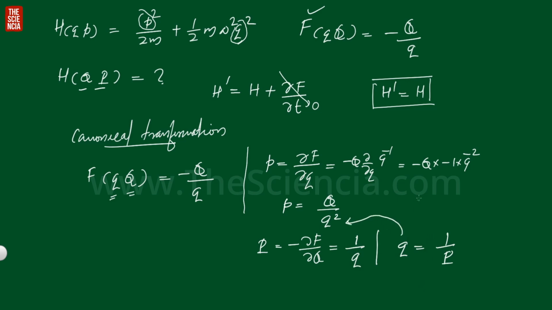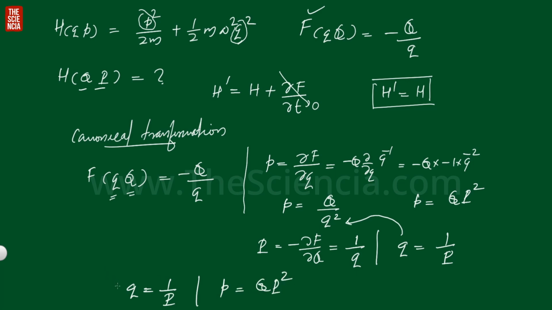So we got the relation between the old coordinates and the new coordinates, that is small q is equal to Q square P and small p is equal to minus P by Q.